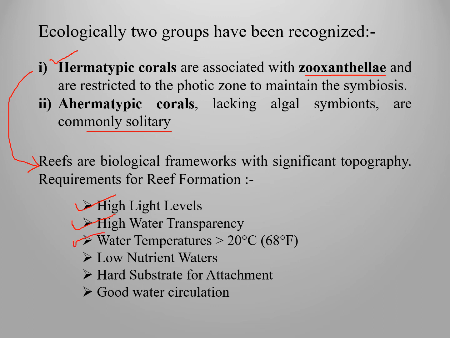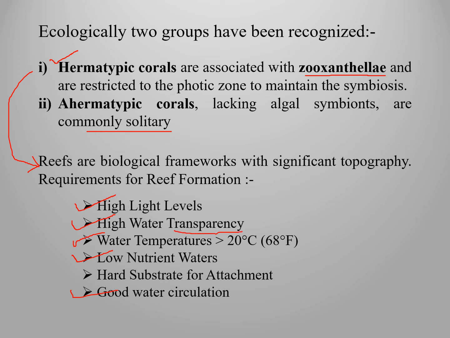There should be very good water circulation. The nutrient supply within the water, that means the siliciclastic supply, the raw ingredients, the sediment supply, should be poor, such that the water remains transparent and clear.